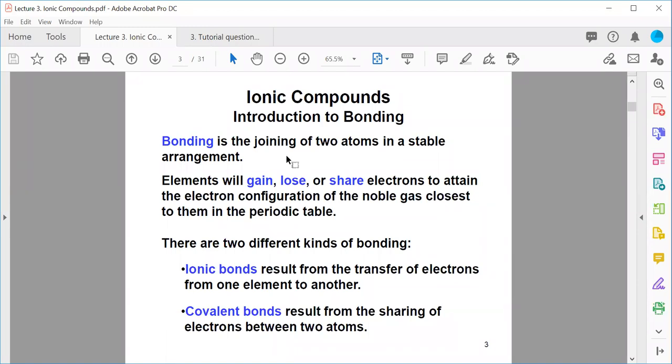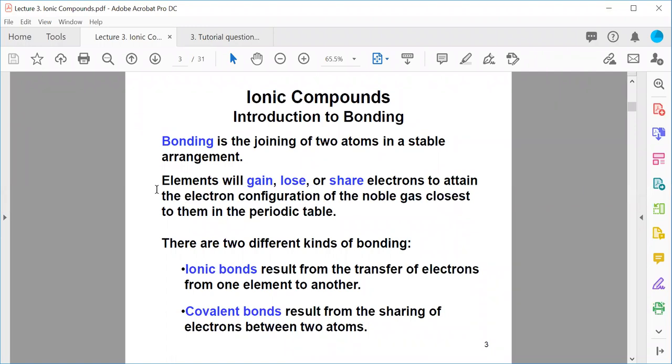So bonding is simply the joining of two atoms in a stable arrangement. This suggests that the bonding of the two atoms results in a more stable configuration than the configuration of the atoms on their own, and that's certainly the case, and we'll see to a certain extent why a little bit later in this lecture.